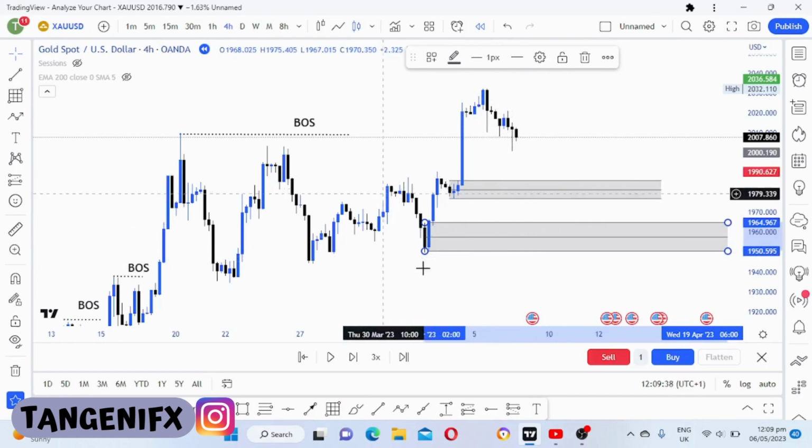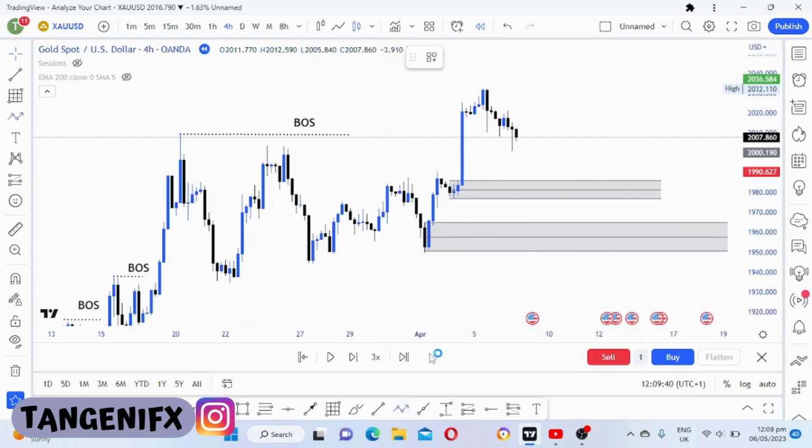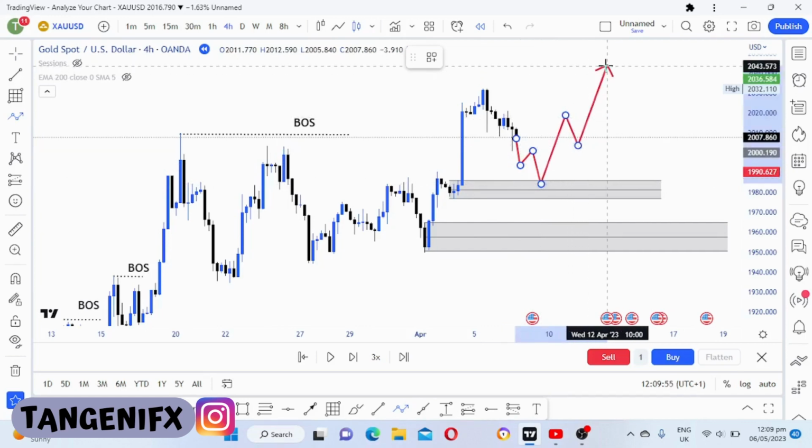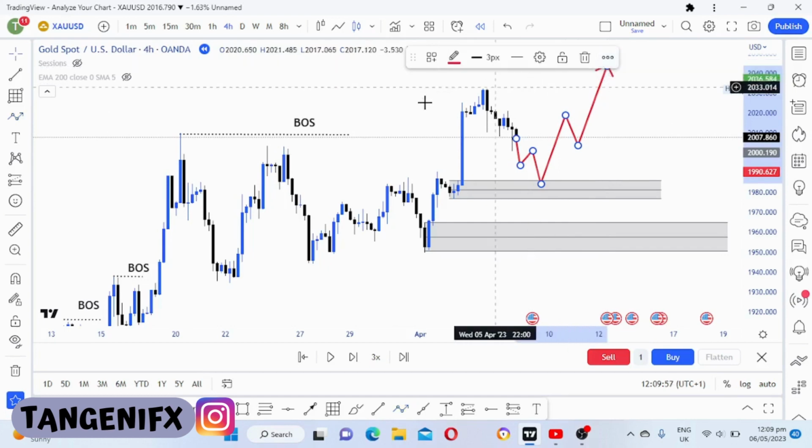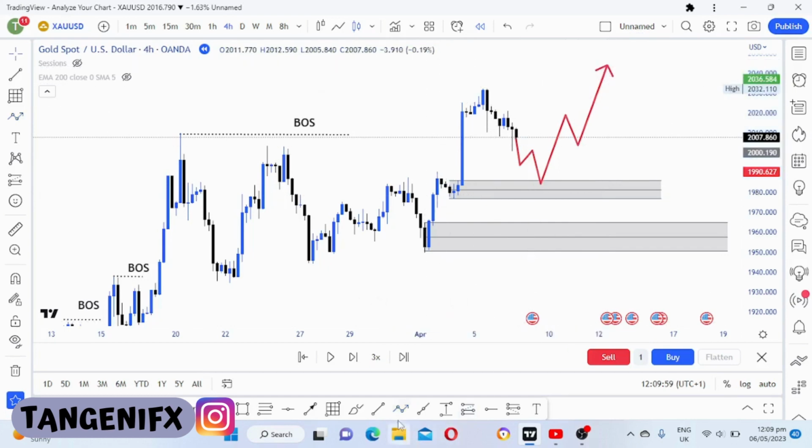So now we are expecting price to do what? We are expecting price to reverse from these two zones that we drew here. Either price can just come straight and reverse at this zone.